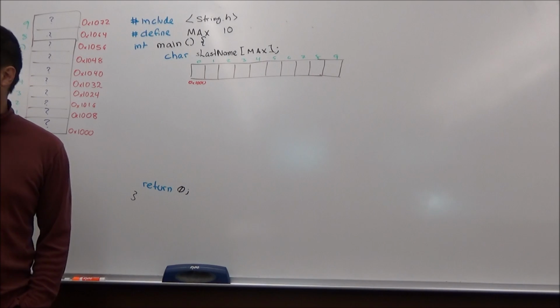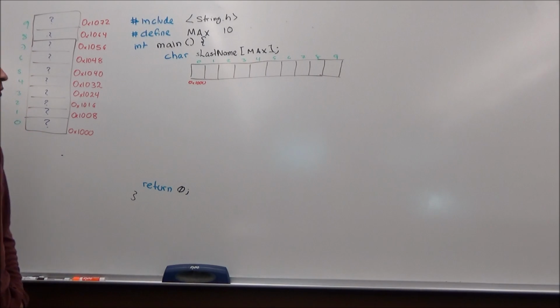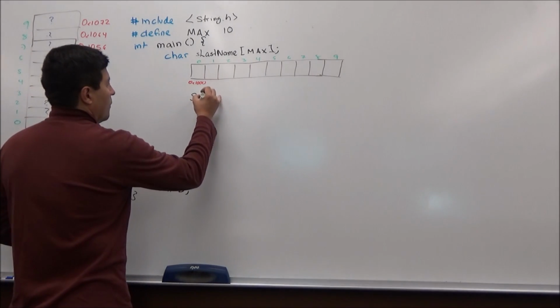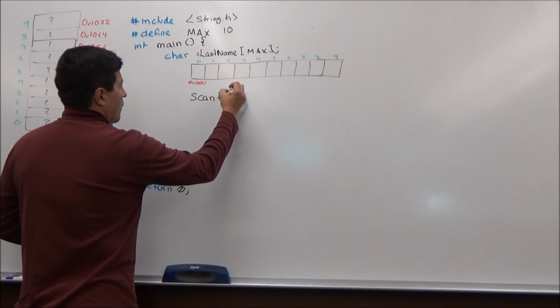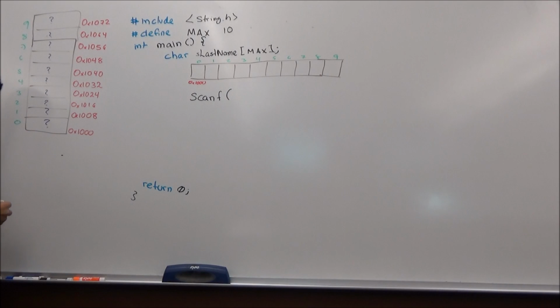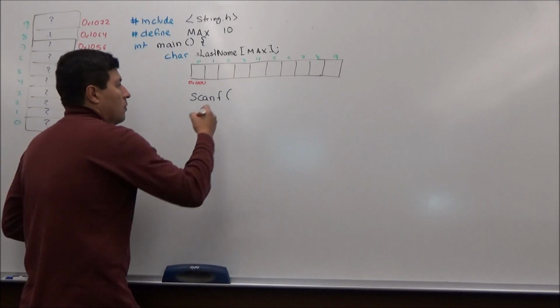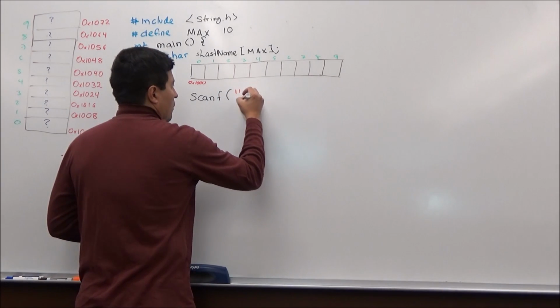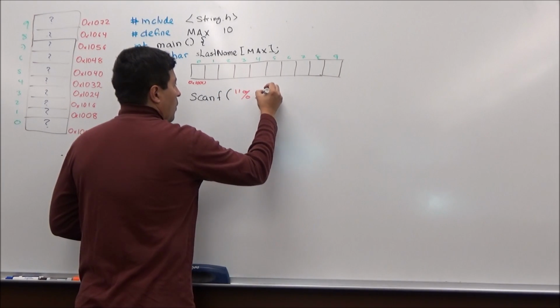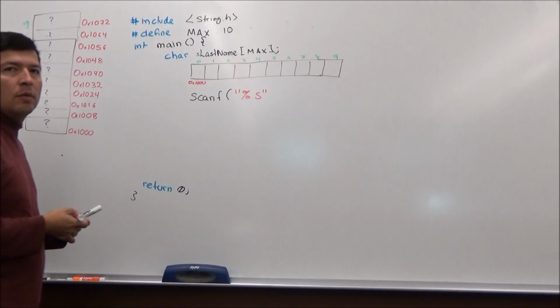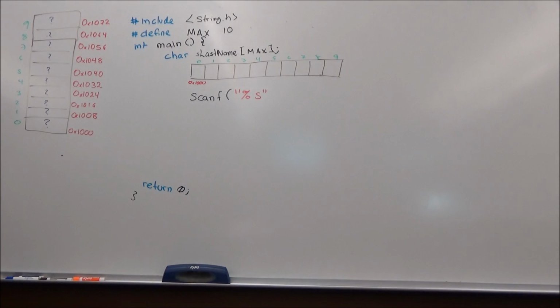And we did a for loop, I think. Well, we can use the scanf always. But instead of using a character, we're gonna use a lowercase s, which indicates string.